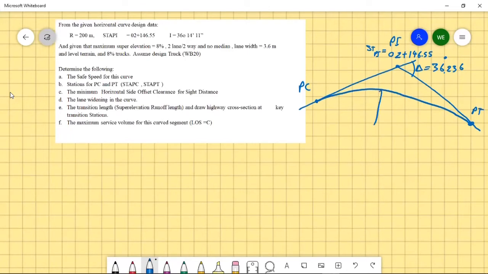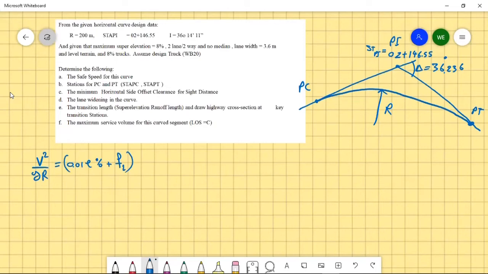And we have here R. So what is the safe speed for this curve? V squared over gR equals 0.01 e percent plus f lateral.